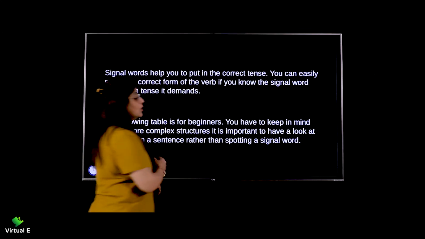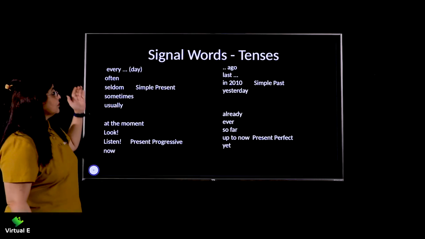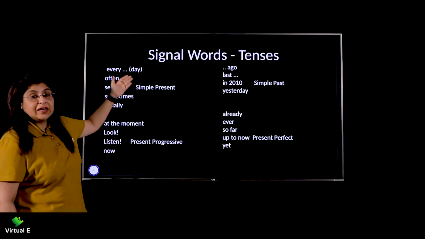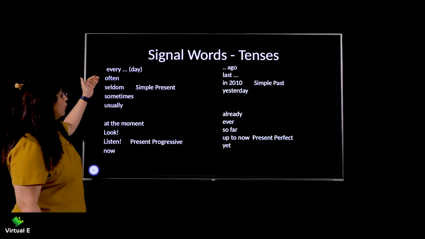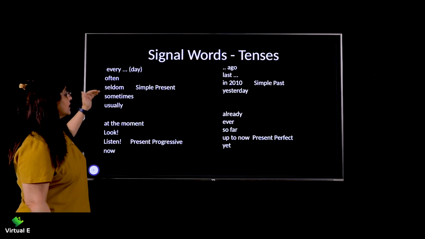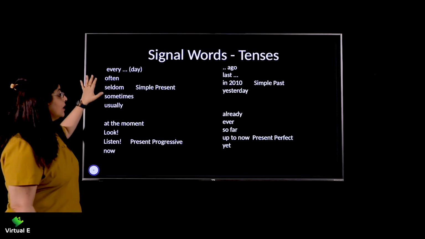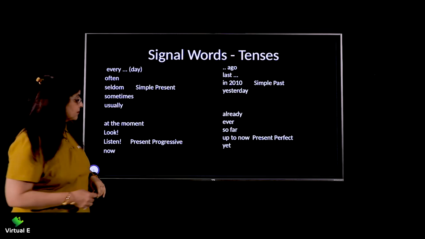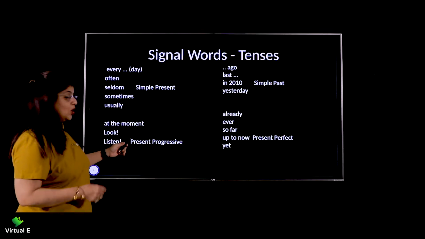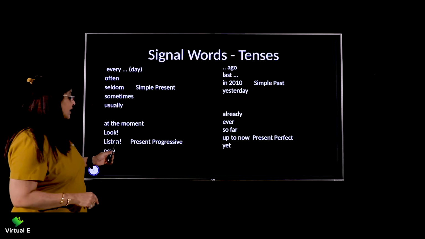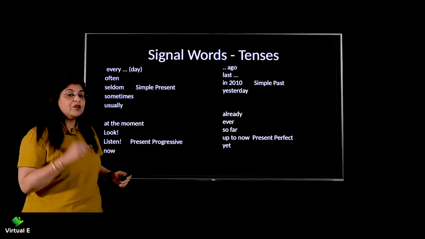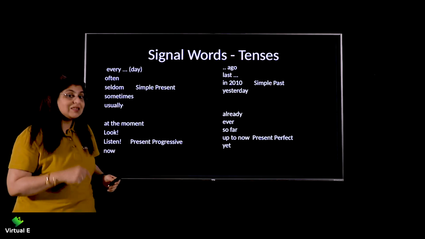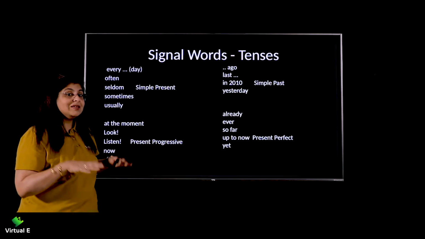So let's look at the signal words. Now here, every, as in every day, often, seldom, sometimes, usually. Now these words indicate simple present tense. Likewise, at the moment, look, listen, now. They are talking of present progressive, means right now.